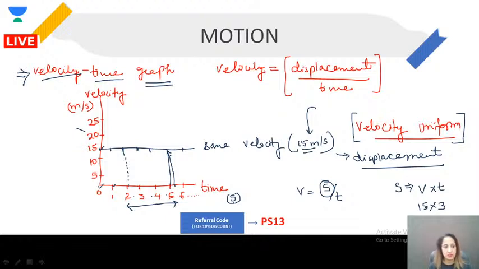I'm sorry, I'm writing on myself. I will write on the other side. So distance is equal to V into T, which will be velocity is 15 and time is 3 seconds. So it will be 45 meters.